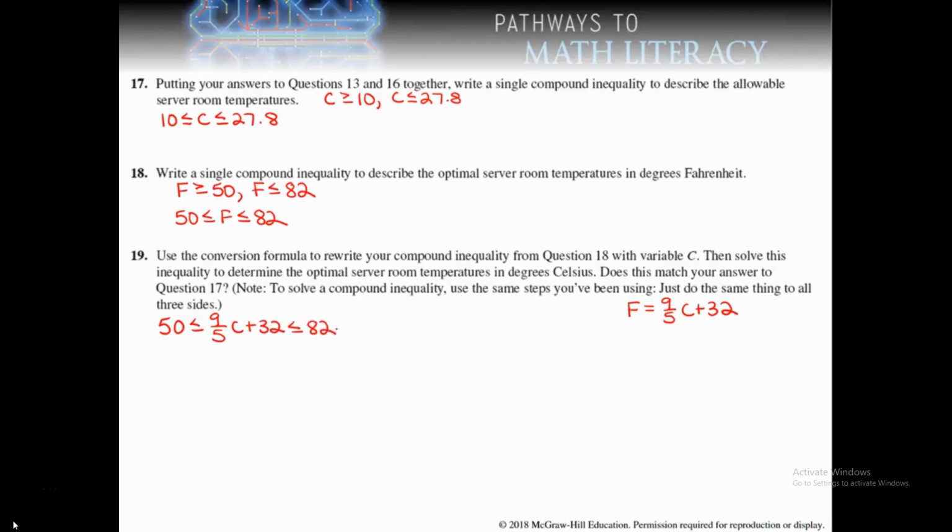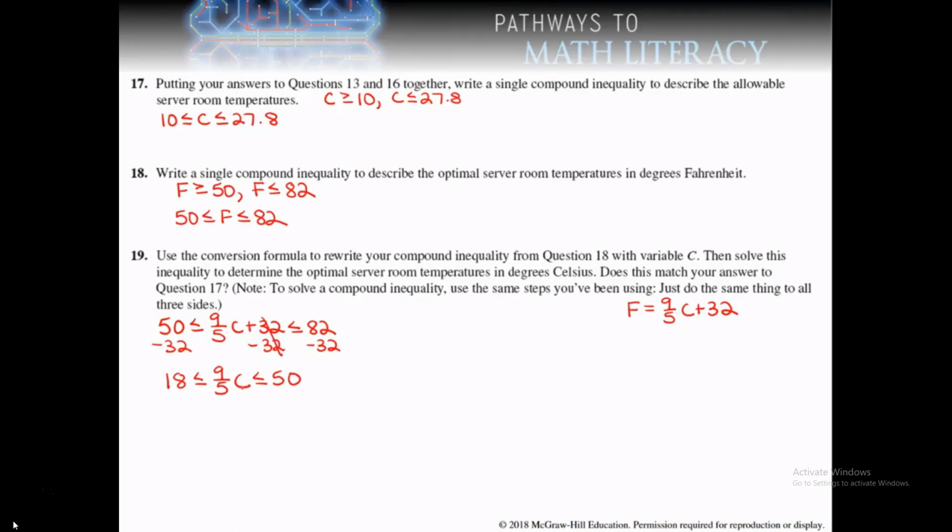Well, now instead of 2 sides, we need to do everything to 3 different parts. So first I need to subtract 32, and I'm going to subtract that from all 3 portions of that compound inequality. That's going to give me 18 less than or equal to 9/5 c less than or equal to 50. And then to get that c by itself, I'm going to need to multiply by 5/9.